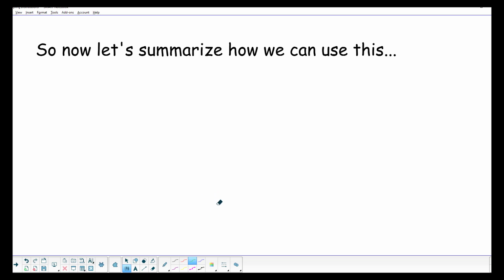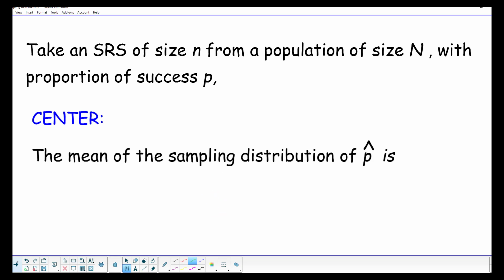So let's take an SRS of size n from a population of size capital N with a proportion of success p. Then the center of that sampling distribution is going to be the mean of the sampling distribution. We just derived what the mean of p hat is going to be, and that's p. So mu sub p hat is equal to p.